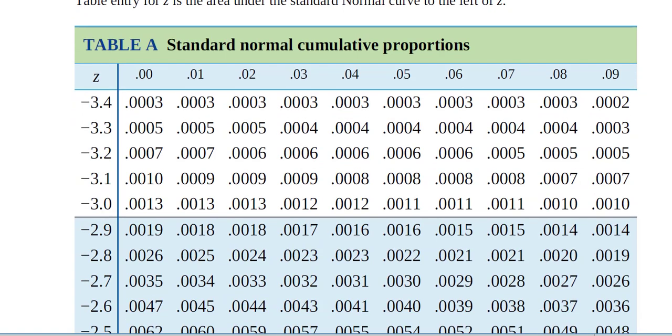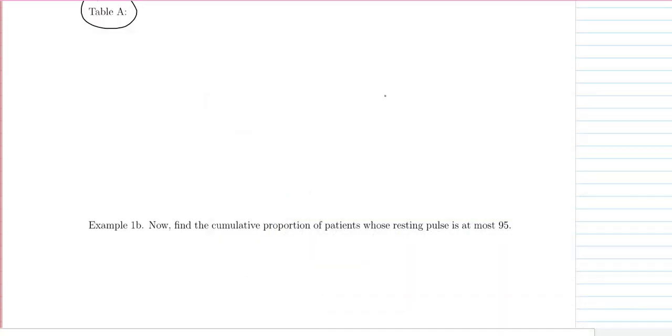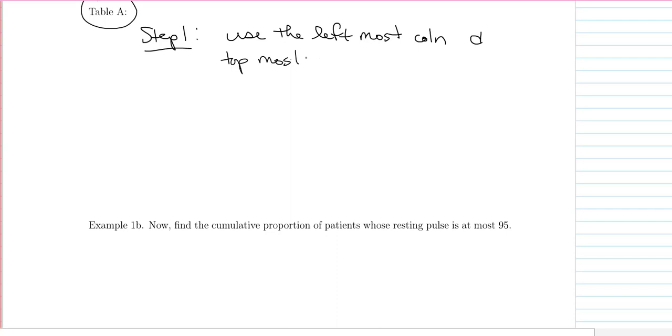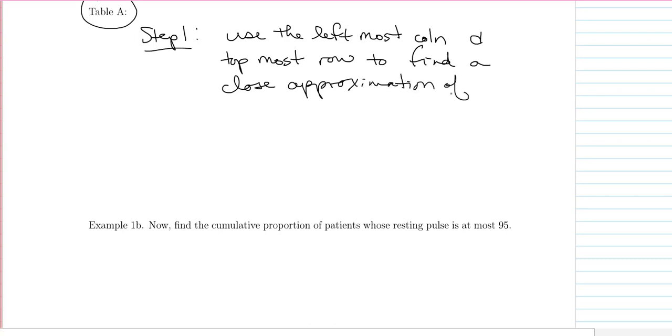All right, let's document the steps for how we can use Table A. Step 1: use the leftmost column and the topmost row to find a close approximation of the z-score.